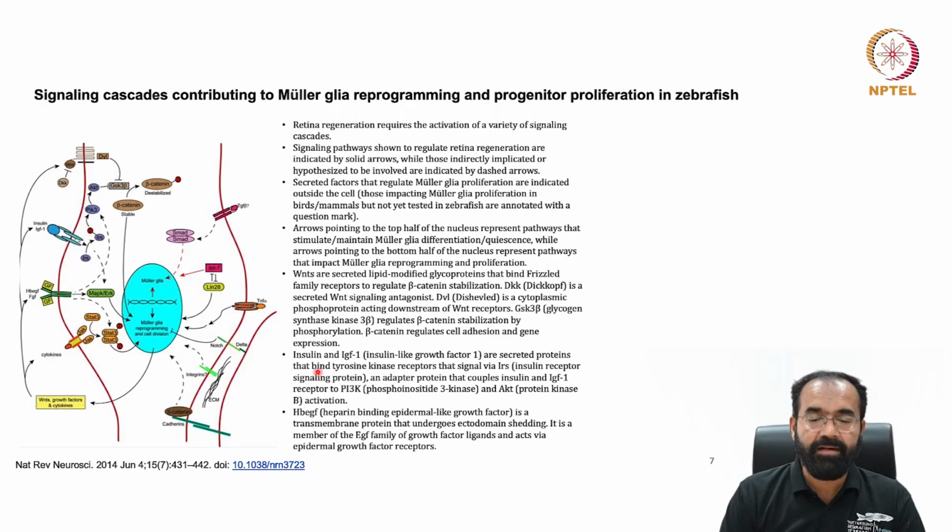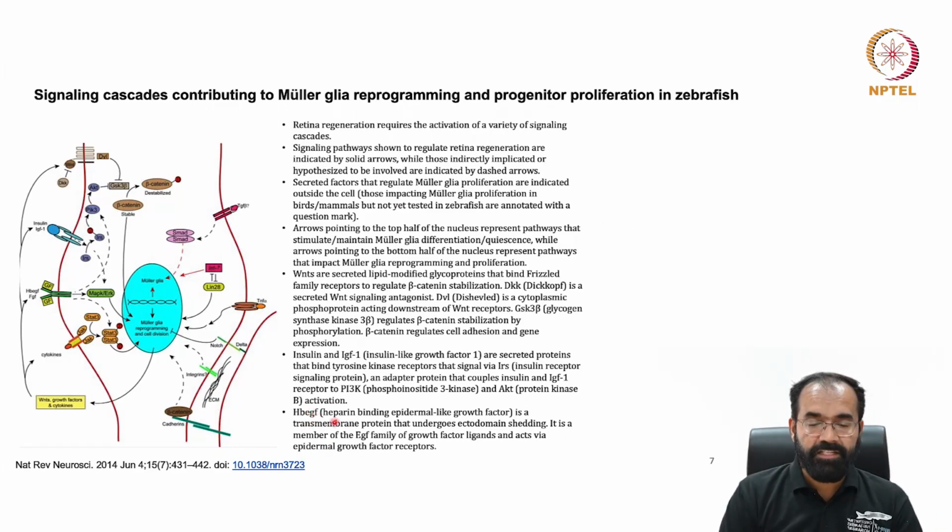Another factor is insulin and IGF, insulin-like growth factor 1. They are secreted proteins that bind to the tyrosine kinase receptor that signals via IRS, the insulin receptor signaling protein, an adapter protein that couples the insulin and IGF receptor to PI3 kinase, phosphatidylinositide 3 kinase, and AKT. So this is the pathway in which insulin and IGF act together.